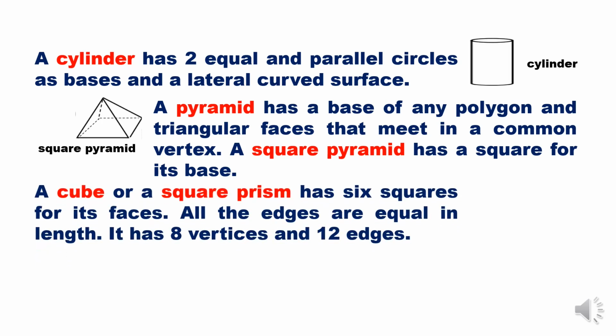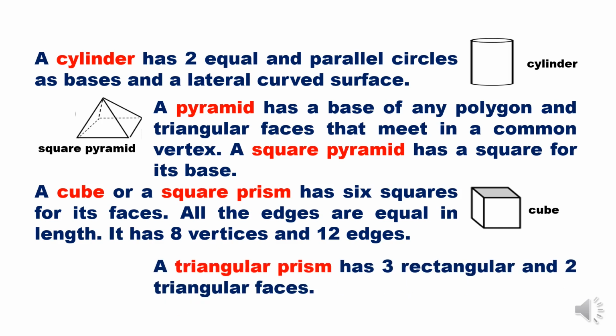A cube or a square prism has 6 squares for its faces. All the edges are equal in length. It has 8 vertices and 12 edges. That is a cube. A triangular prism has 3 rectangular and 2 triangular faces. That is triangular prism.